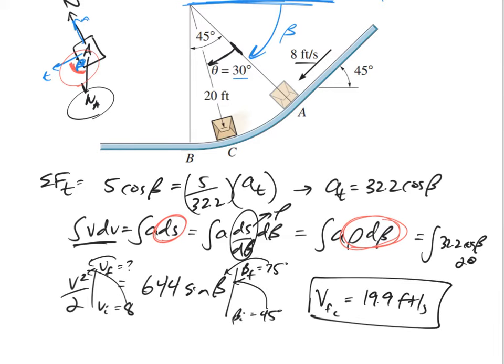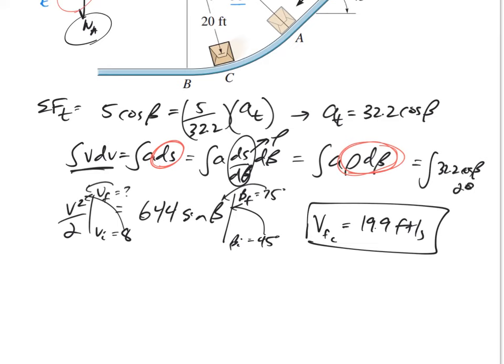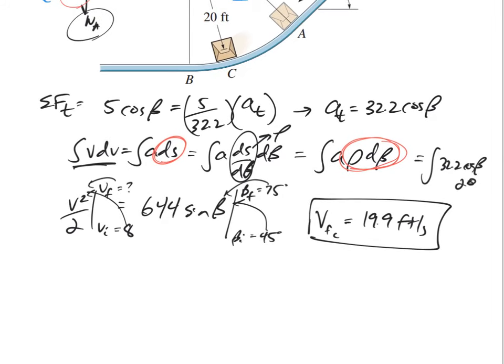It also asks for the velocity at point B. So for the velocity at point B, I've got the same equation, v final equal to 644 sine beta from beta initial to beta final.